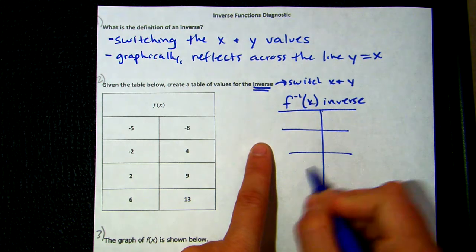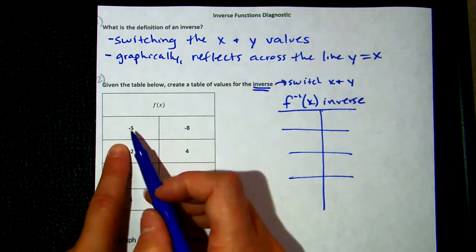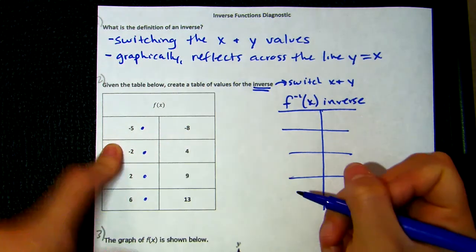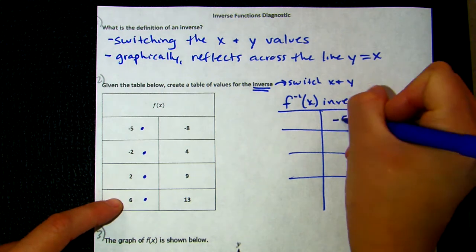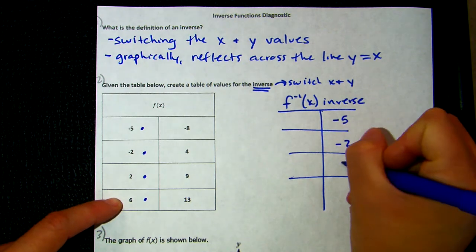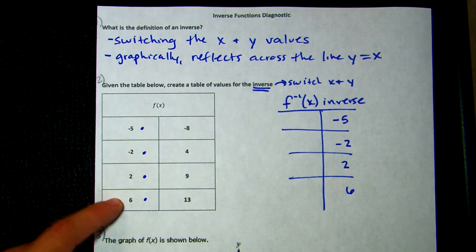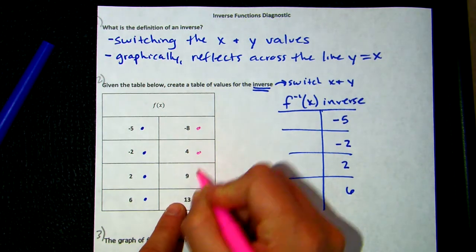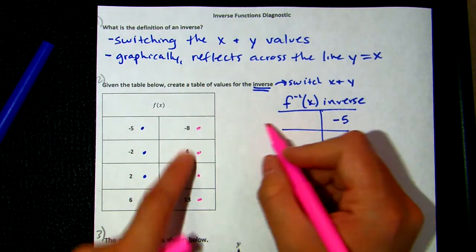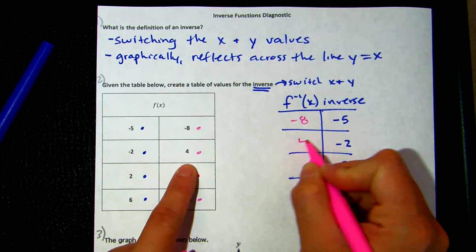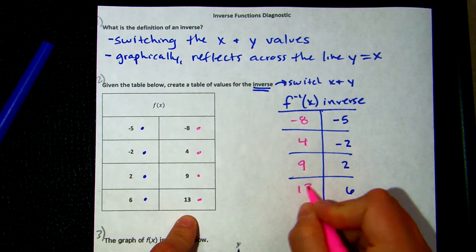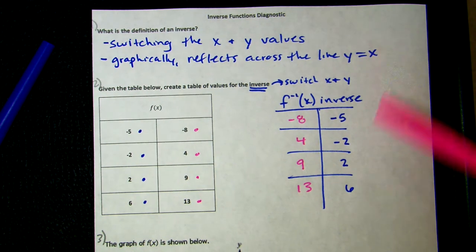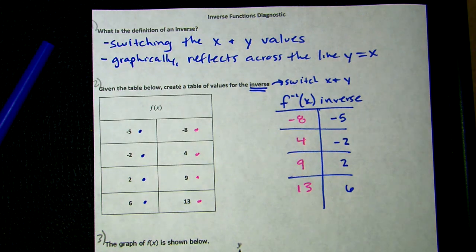These are my x values in the original. They become my y values in the inverse. And these are my y values in the original. They become my x values in the inverse. So generating the table here was just applying this definition of switching our x and y values.